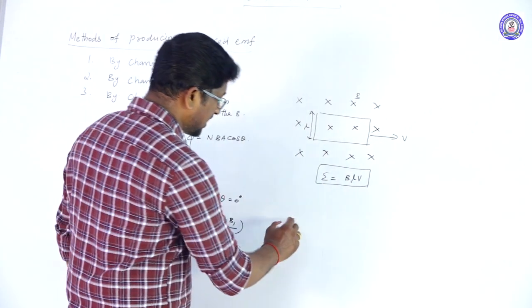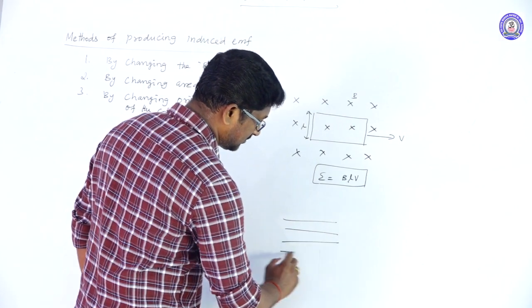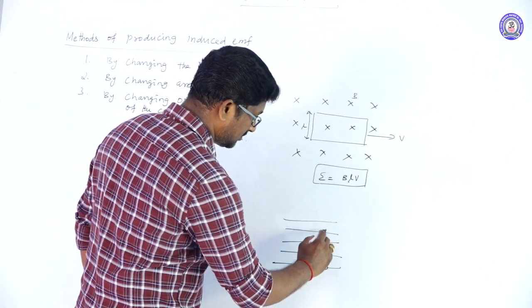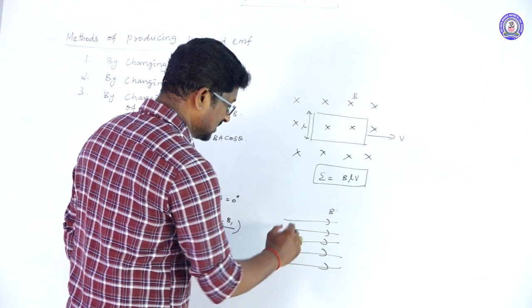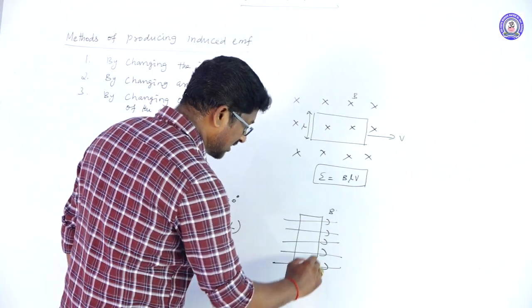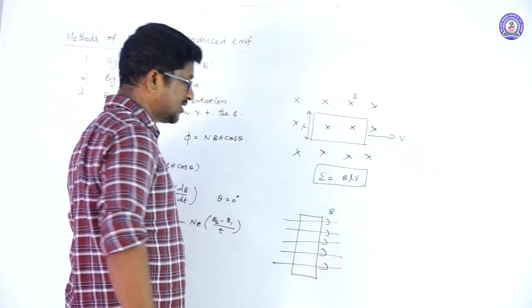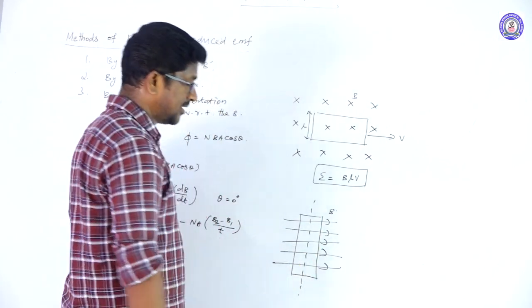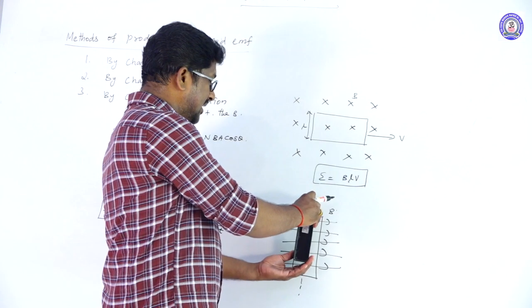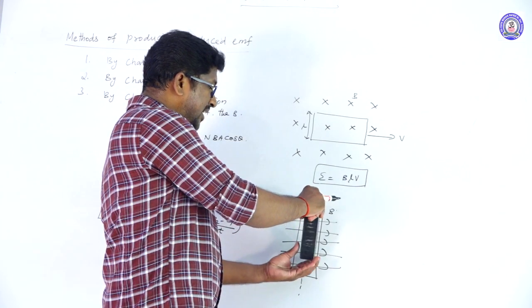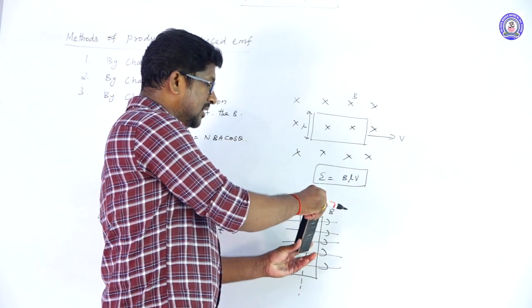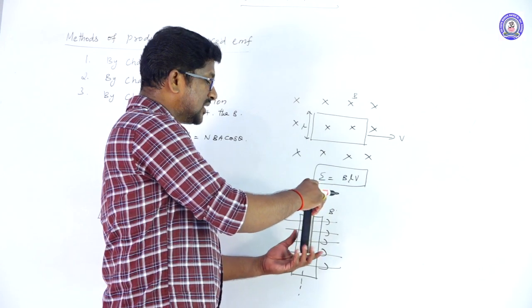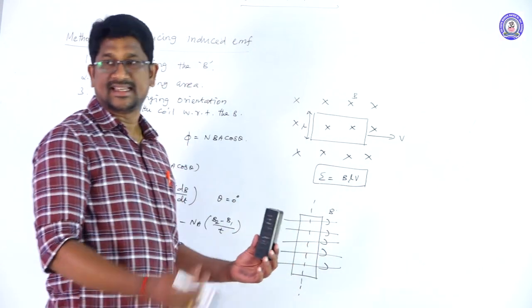Suppose there is a uniform magnetic field in which a rectangular coil is placed. So this is the axis of the rectangular coil. Right? If the rectangular coil is made to rotate in the uniform magnetic field, the magnetic flux linked with the rectangular coil at every instant changes.